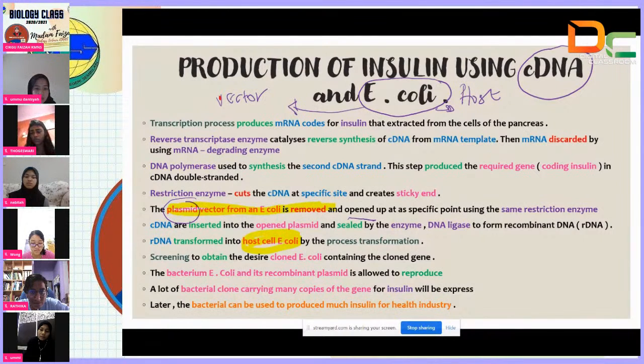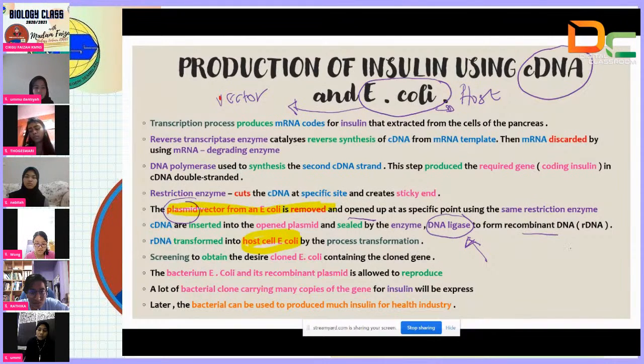So cDNA are inserted into the open plasmid, and as you all remember, we have the modifying enzyme, tool number 4, under gene cloning, we have 5 tools. So tool number 4, DNA ligase will seal, forming the phosphodiester bond, in order to form the recombinant DNA.